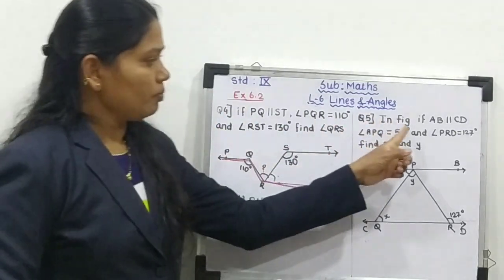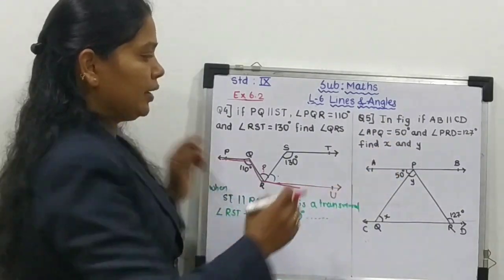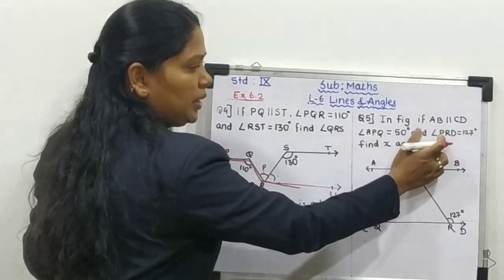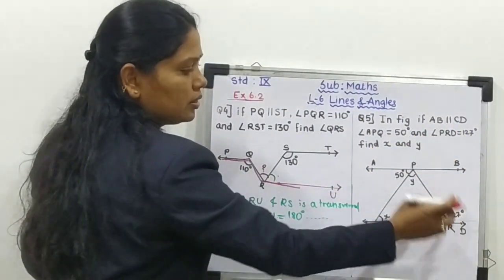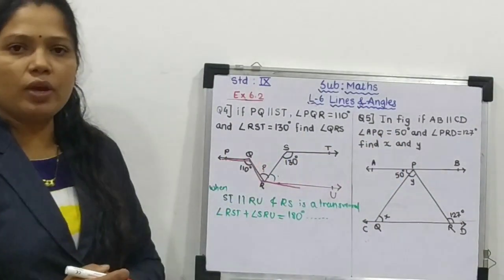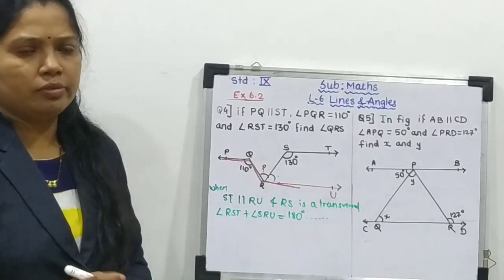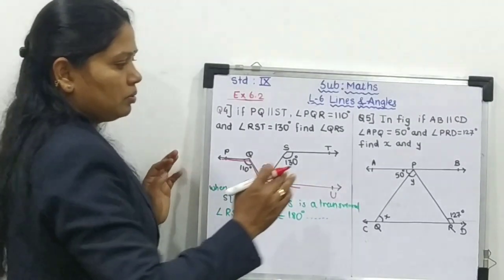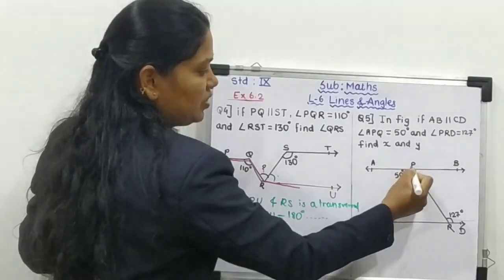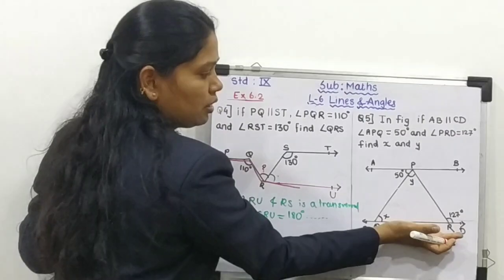Right? Now, figure ABCD. In this, angle APQ is 50, PRD is 127, this angle. Find X and Y. These X and Y values we are going to find. It is really a very simple sum. See, AB and CD are parallel.